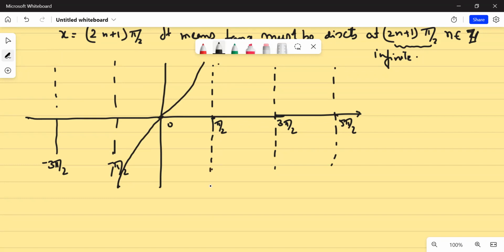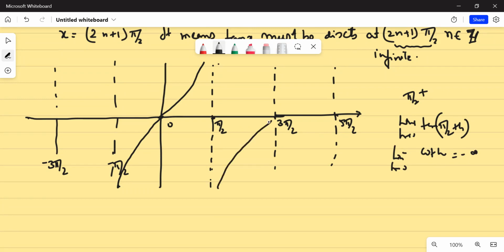Yes, sir. As x tends to pi by 2 plus. So pi by 2 plus means limit h tends to 0, tan of (pi by 2 plus h). And it will be cotangent h with a negative sign because in the second quadrant, your tan x is negative. So it will become minus infinity. So it will again start from here. It will intersect at pi and then it will be like this.